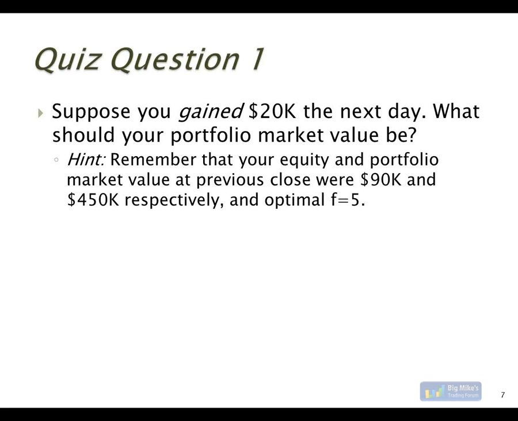Let me explain why 550 is right. You started with an equity of $90,000. Now you made $20,000, so the new equity is $110,000. With an optimal leverage of 5 times, the optimal market value would be 5 times 110, which is $550,000.